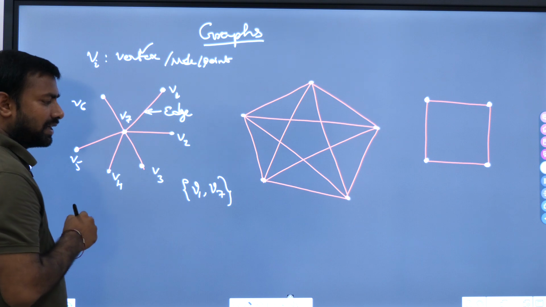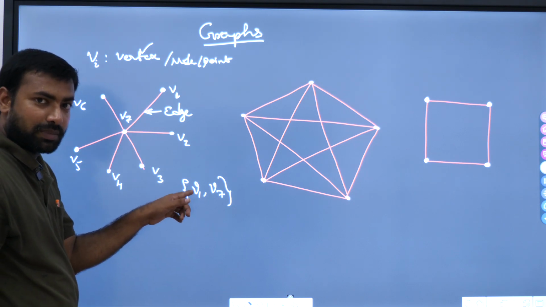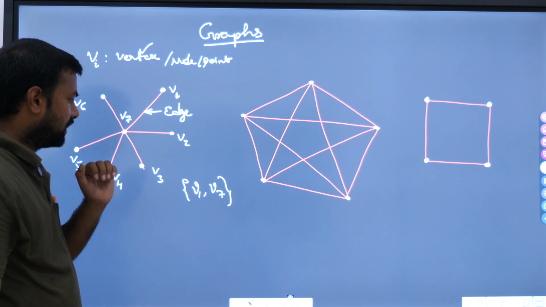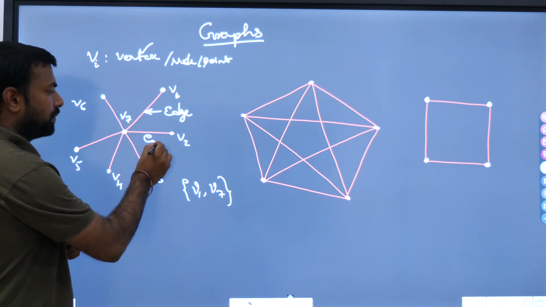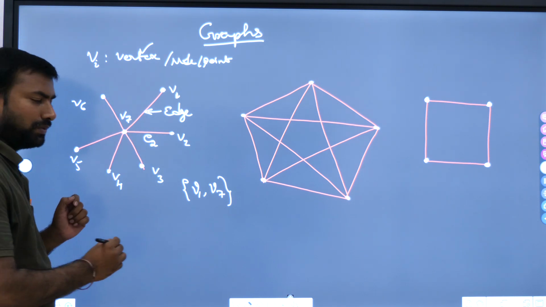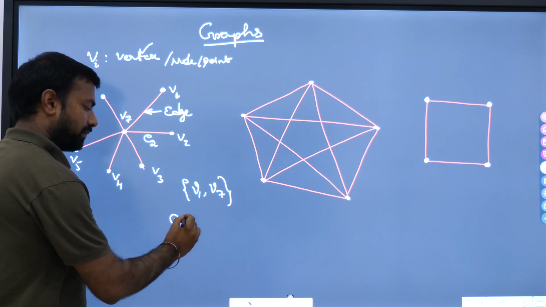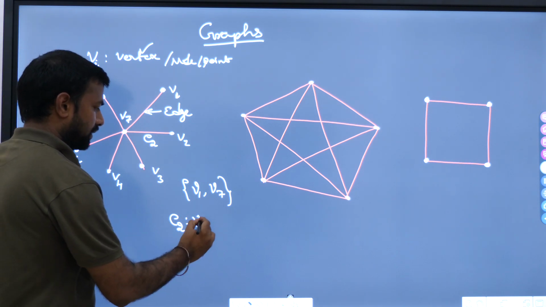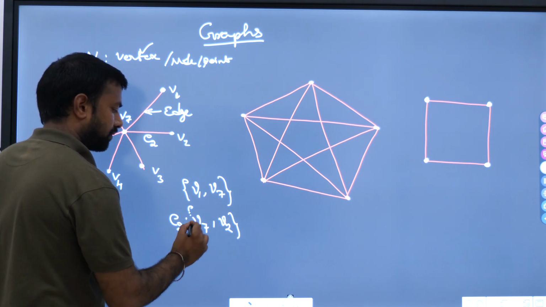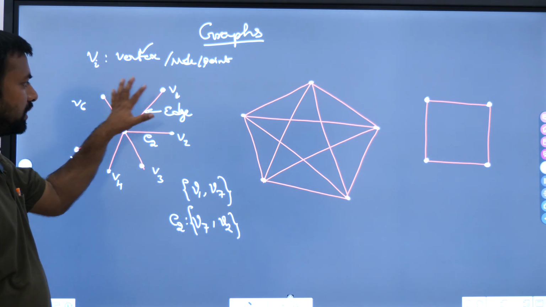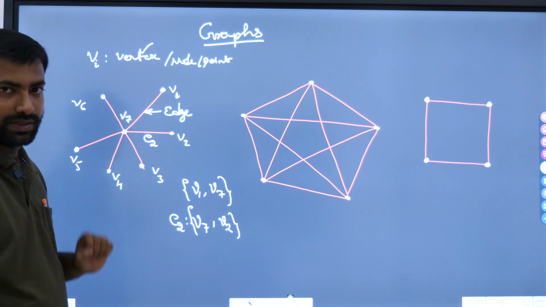Similarly, suppose I denote this edge with E2, how do you represent E2? E2 is an edge which is connecting V7 and V2. Similarly, you can think about the other edges.